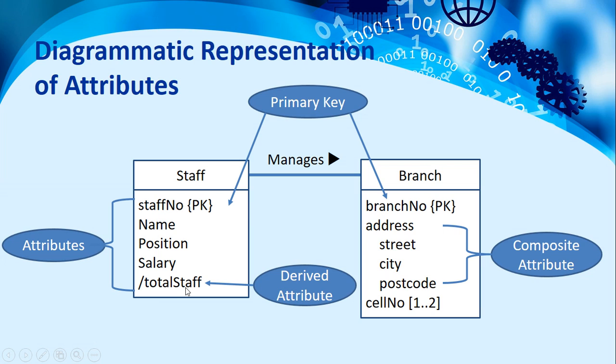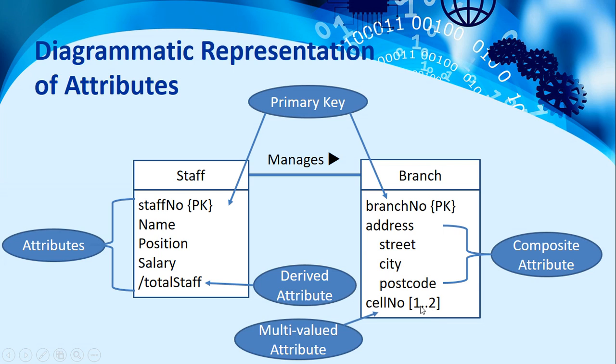And then we have this one, the cellphone number, which has brackets, and under the brackets there is 1..2. This means the cellphone number is a multi-valued attribute, because as written in this diagram, this branch entity can hold 1 or 2 cellphone numbers.